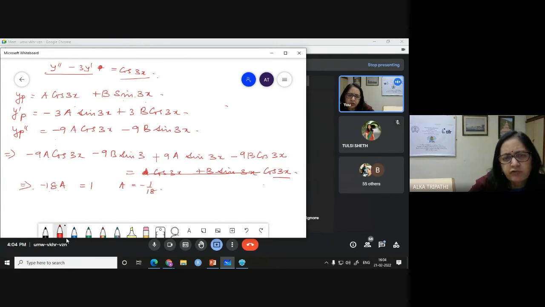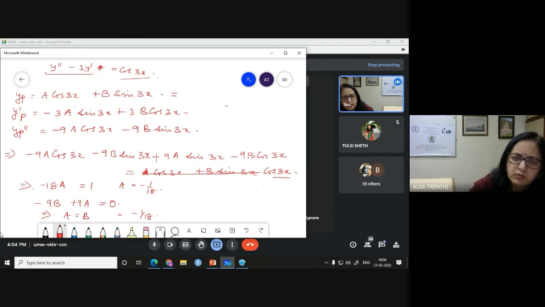Again, comparing the coefficient of sin 3x, how much are we having? Minus 9b plus 9a equal to 0, or you can say a equal to b. So b is also minus 1 by 18. So my yp is equal to minus 1 by 18 cos 3x minus 1 by 18 sin 3x.